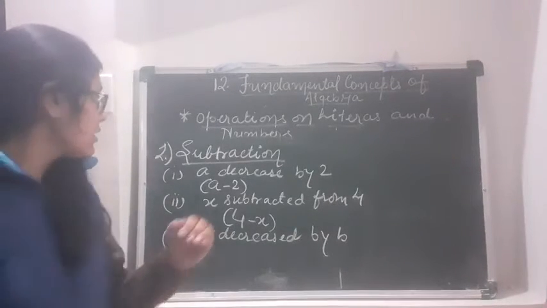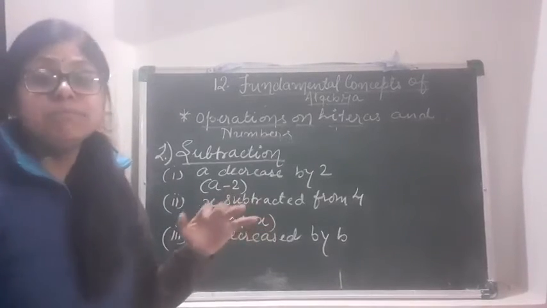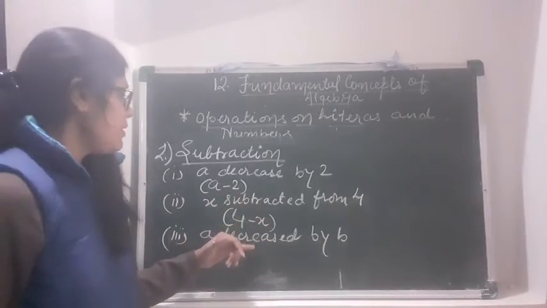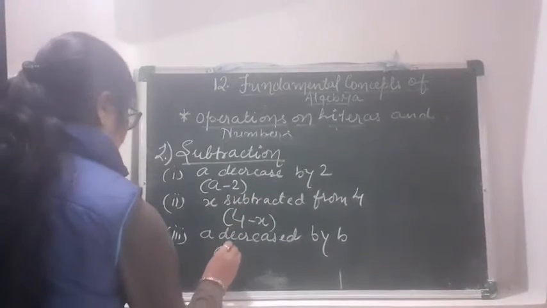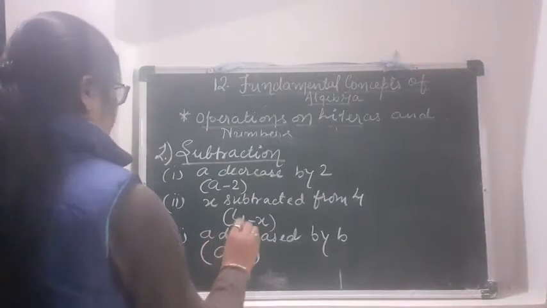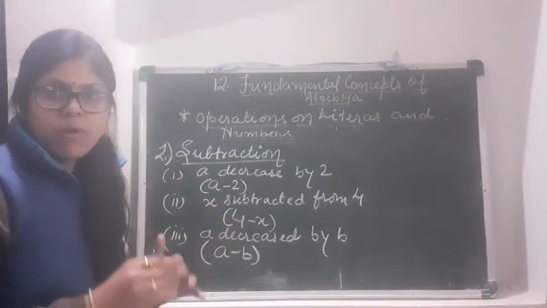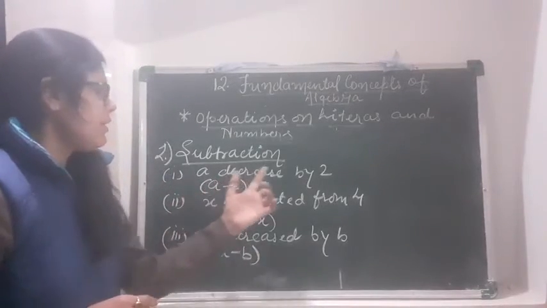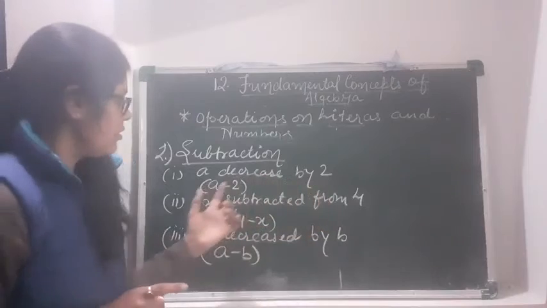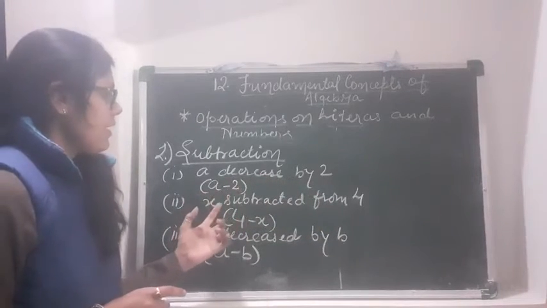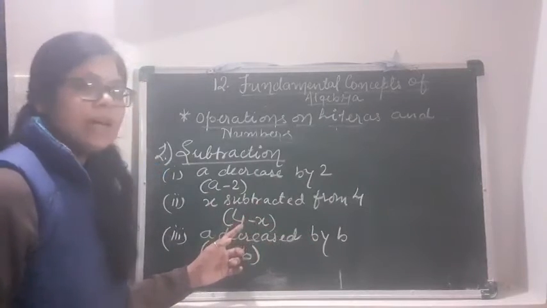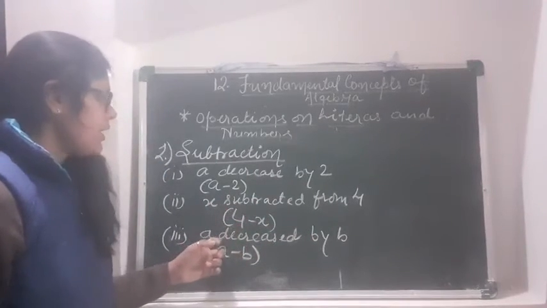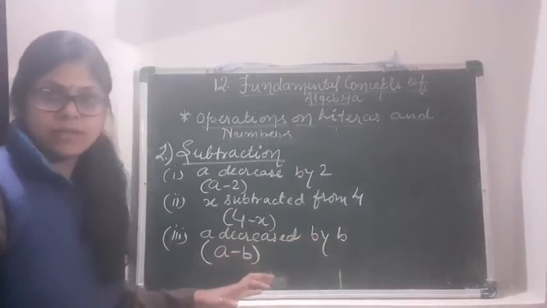A is decreased by B, so that means we will write here A minus B. This is the form in which we write. Means when A is decreased by a number, A minus 2. When x is subtracted from, जब भी from होता है, that number comes first. A decreased by B means A minus B.